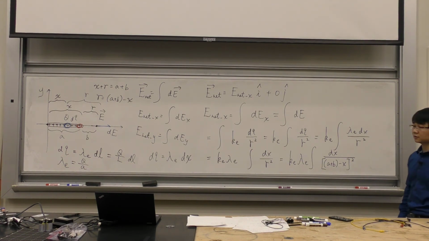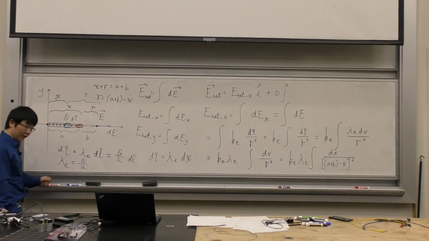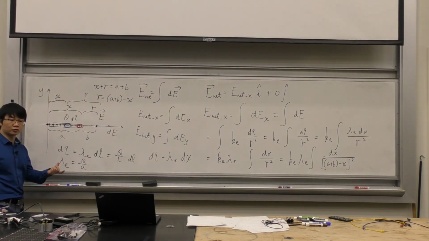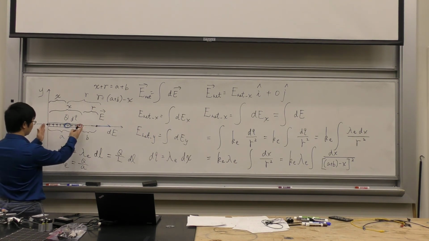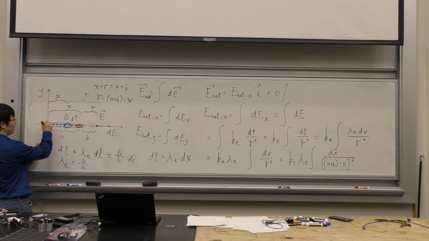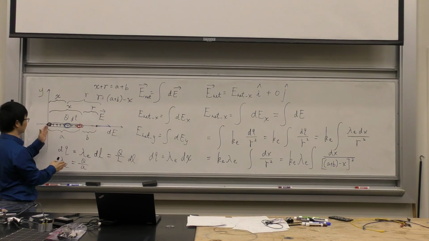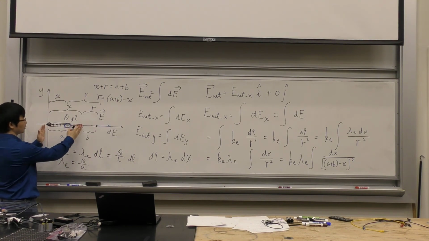The bounds are going to be the lower bound and the upper bound of the x value on this charge distribution. So take a look at the rod. What is the minimum x value you can get on this rod? It's going to be this end. If you pick this charge, the x value is going to be equal to 0. That's the minimum x you can get on this rod. Remember, you're integrating on this rod.